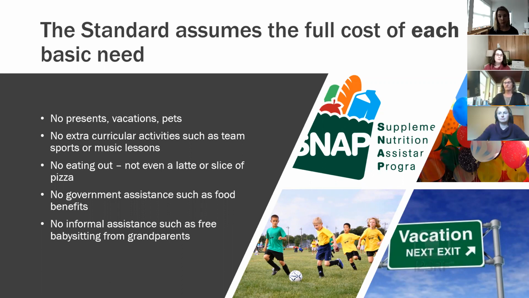That would be like grandma helping out with childcare or the use of a food pantry. This means it's a very bare bones basic needs budget. It doesn't include birthday presents or any extra funds for vacations or having some pets, and no soccer or music lessons. So that is my brief overview of the Self-Sufficiency Standard approach.